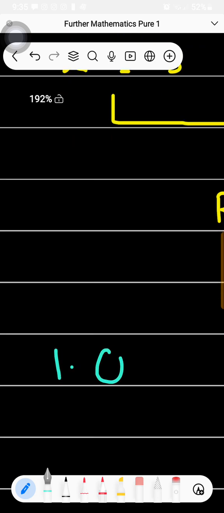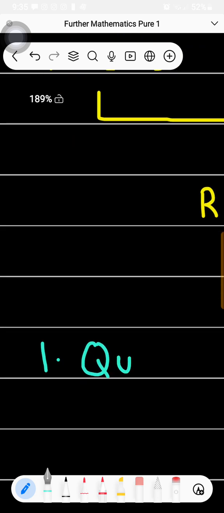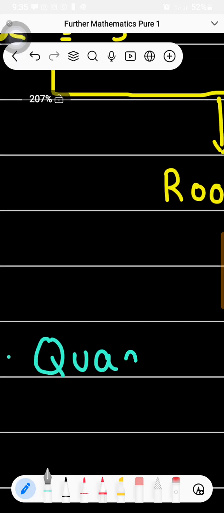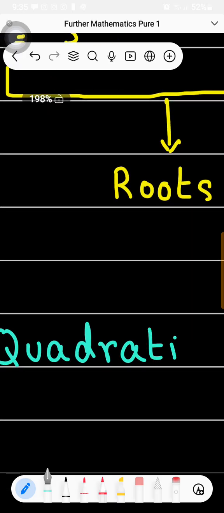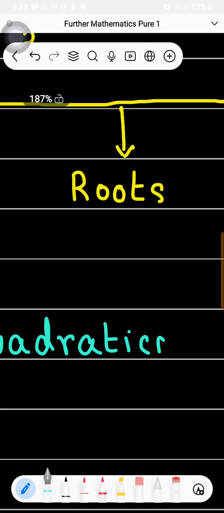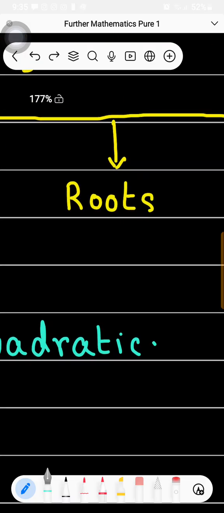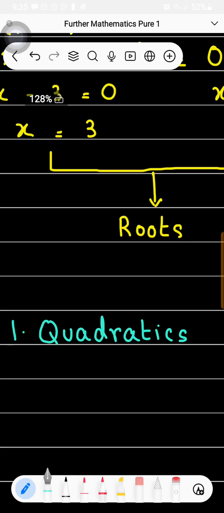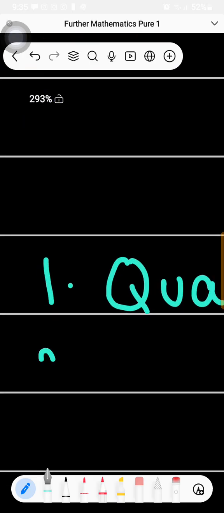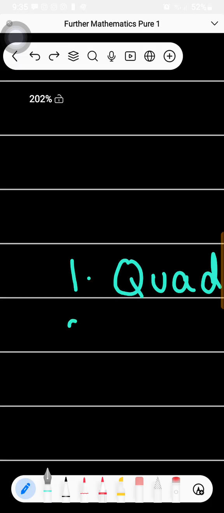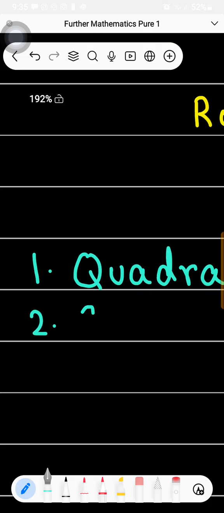The first topic we will do is quadratics. The second topic will be cubic. The third topic will be quartic.